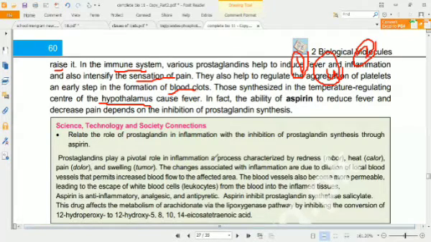So here there are four things: redness, heat or raised temperature, increased pain, and swelling at the required area. It increases blood vessel dilation, which permits increased blood flow to the affected area to give more oxygen supply, and these blood vessels have more permeability to let white blood cells and leukocytes escape to that area.